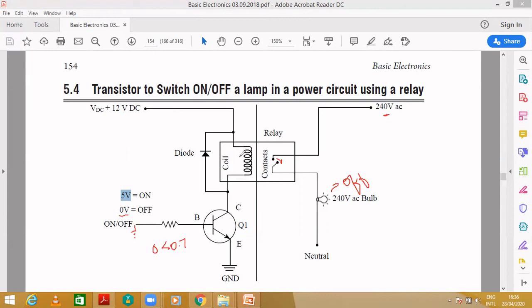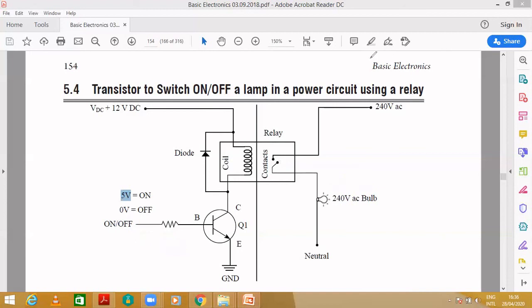Instead of going to the transistor, the current will go through the diode. That isolates the transistor and it will not be harmful to the circuit. So when you give 0 volt, automatically the bulb goes off. This is how we can switch a lamp on or off in a power circuit using a relay.